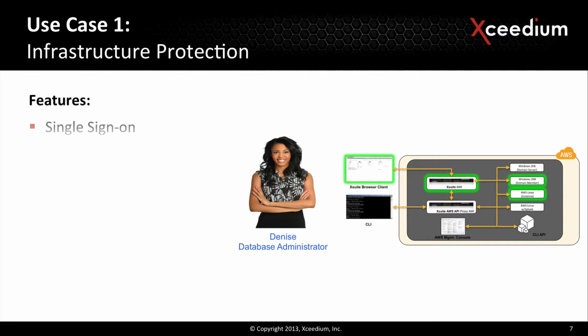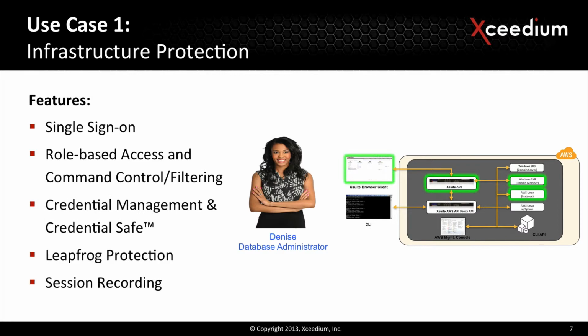The key Xsuite capabilities you'll work with include single sign-on to Windows and Linux servers, role-based access controls, constraining resource access based on an individual's work responsibilities, Xsuite's ability to protect credentials in an encrypted credential safe, leapfrog protection, eliminating the ability of an attacker to move laterally in your network, and session recording, capturing everything a privileged user does with the ability to replay complete sessions.